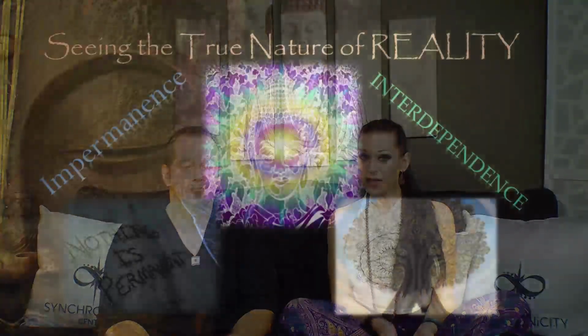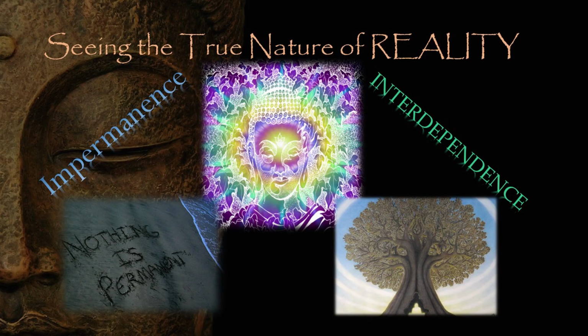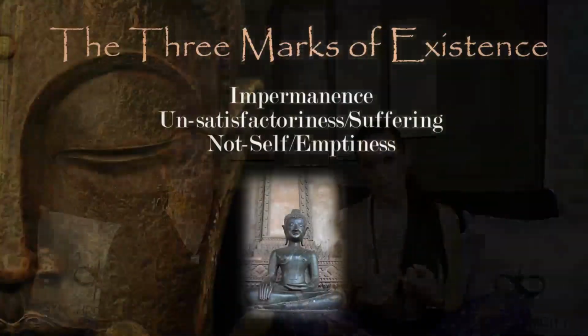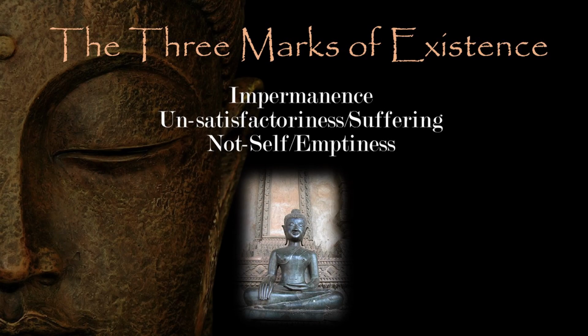Okay, so we've talked a lot throughout this series so far about how one of the main practices of Buddhism entails experiencing the true nature of reality, especially that all things are interdependent and all things are impermanent. We also introduced you to the beginning of understanding and acknowledging what the Buddha described as the three marks of existence, which are impermanence, suffering, and not self.